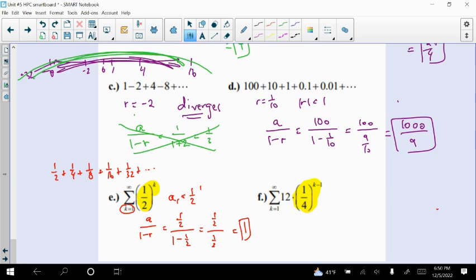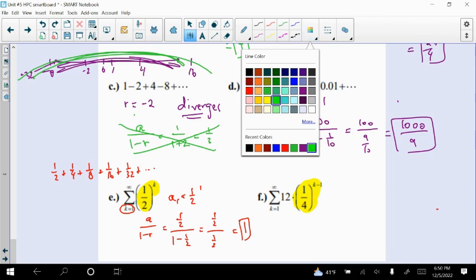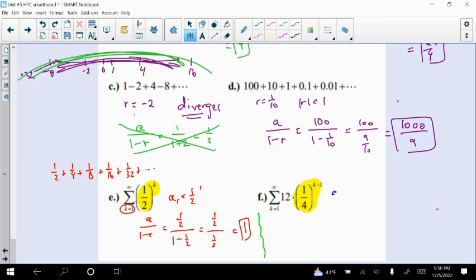Okay, and then part F. Might as well finish out the notes here. So part F, same idea. I know it's geometric. I might want to just double check what our first term is. That's 12 times 1/4 to the 1 minus 1, or 0 power, which is 1. So our first term is 12.